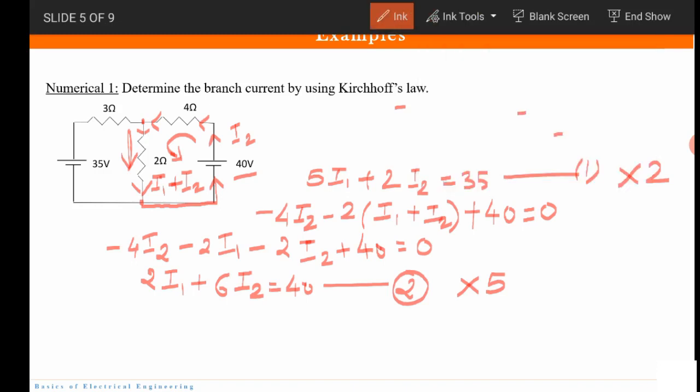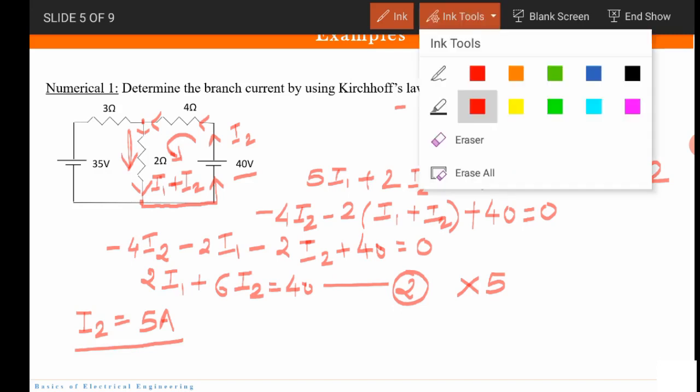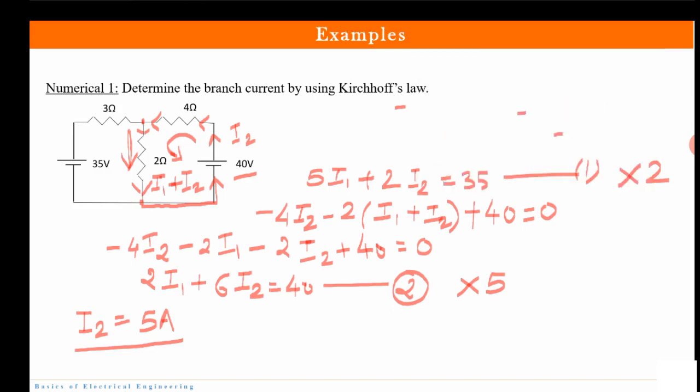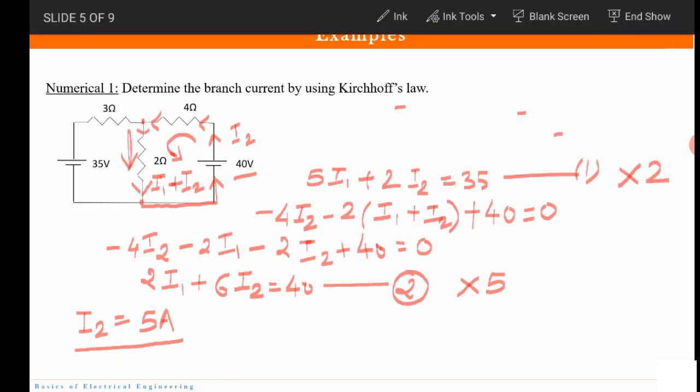Okay, so what did you get? What is the value of I2 now? I2 comes to be 5 amperes, right? So here we get I2 to be 5 amperes. Now we will put the value of I2 in the equation, and we will calculate what is the value of I1.